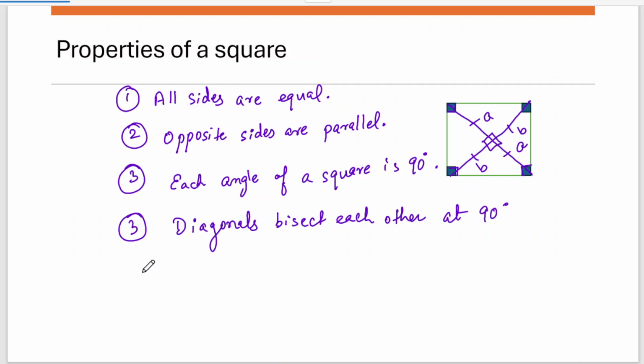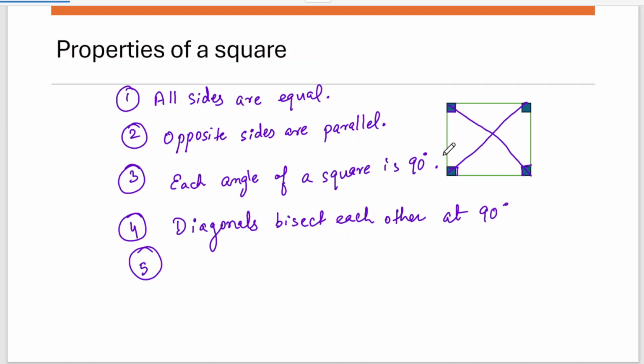Okay, now another important point. Sorry, this is your fourth point, and then we'll have the fifth point. Now what is the fifth important point related to square? That is also a very important point. The fifth important point is that diagonals are equal.